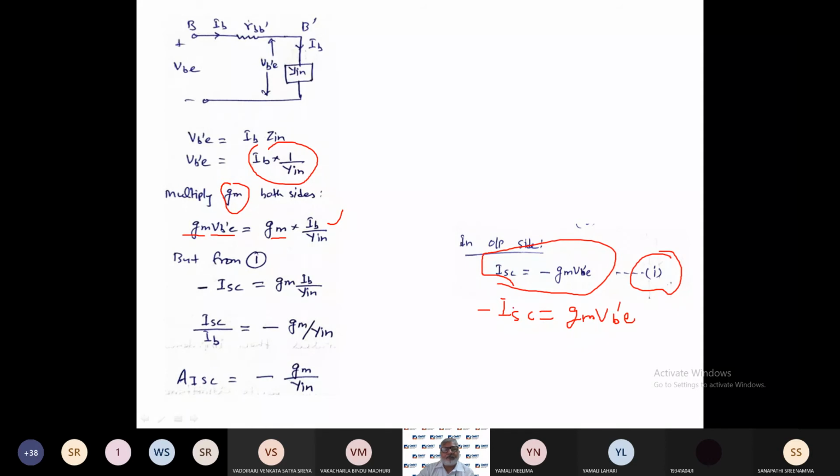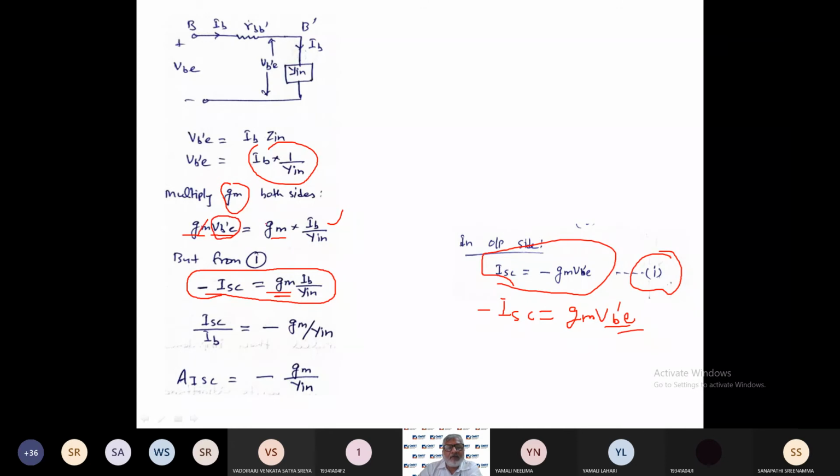So here you can see minus ISC is equal to Gm VB dash E. VB dash E, from here you can find it.